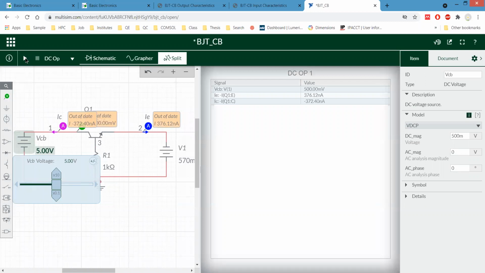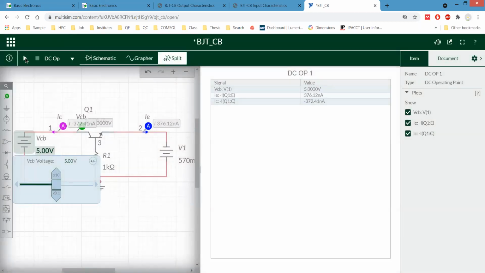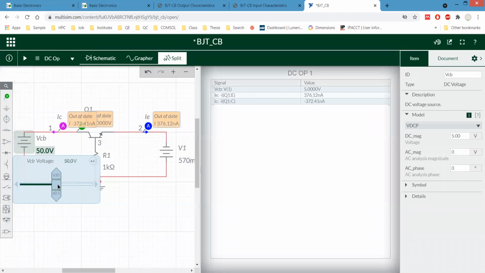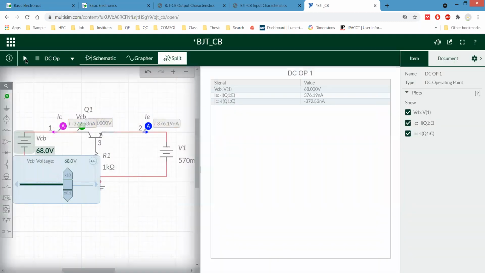IC should be constant. Okay, but still it is in nanoamps. That is due to that resistor. In nanoamps, it is saturated.